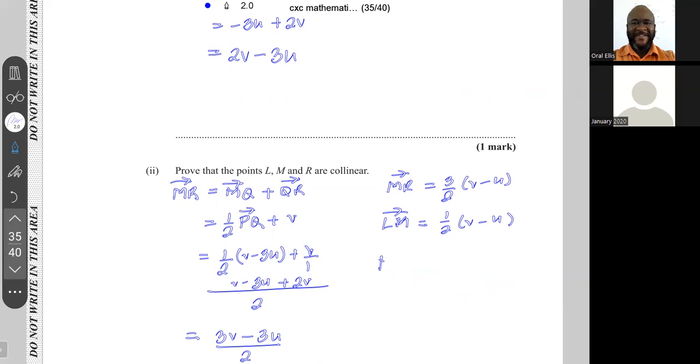So MR and LM are parallel, and M is common.